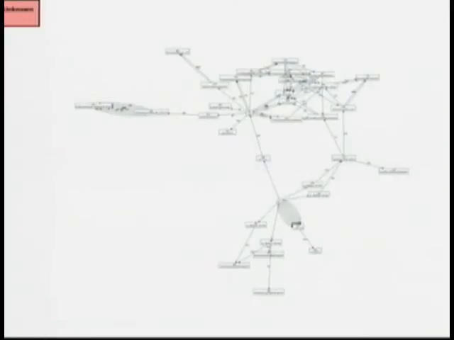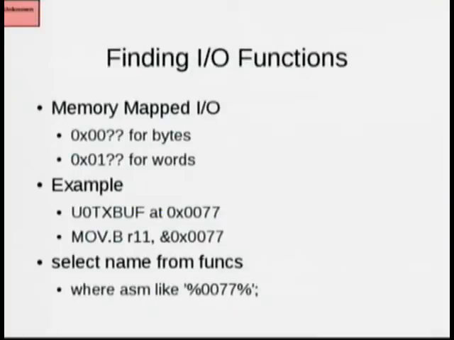All of the unused interrupts come as this sort of long jump here. And you can find particular functions very easily because I/O is mapped to a particular address. Your output buffer for the first serial port will always be at the same address.